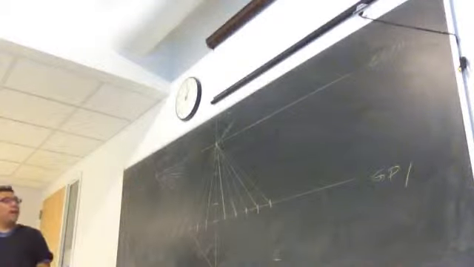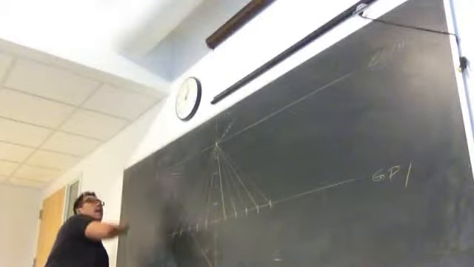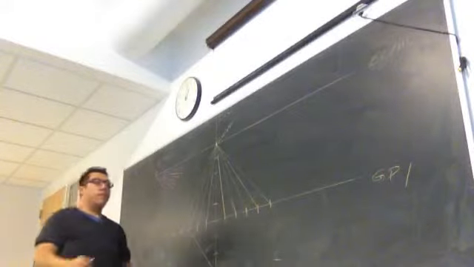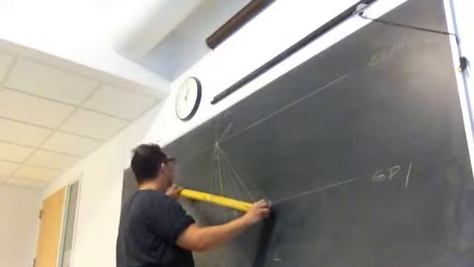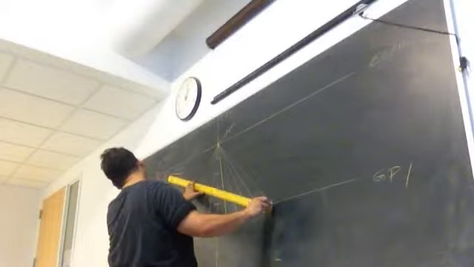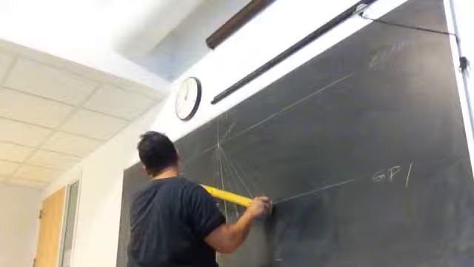Because now I don't need to aim for this point. I just have to aim between these lines. If I go up there, it's not going to converge at the same point.